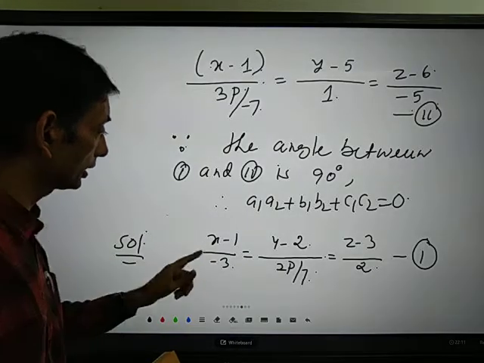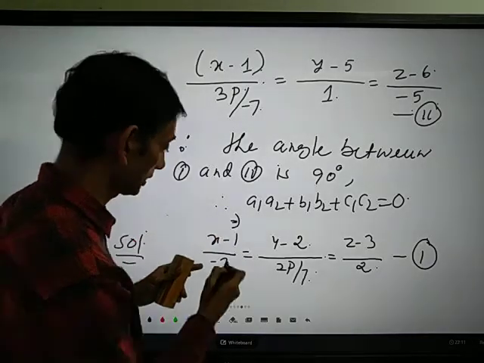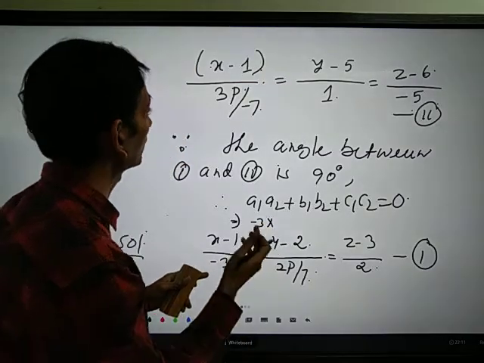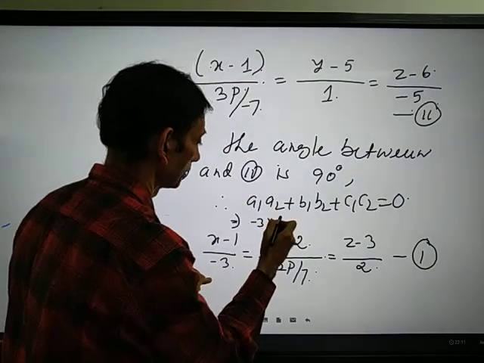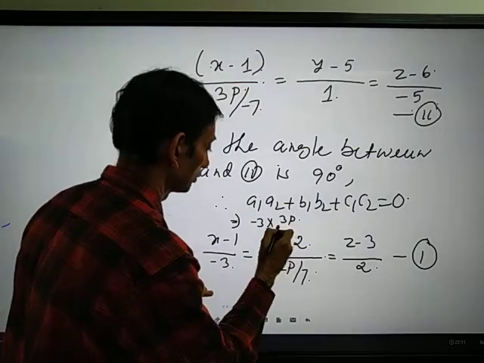So if we substitute, what is a1? a1 is minus 3 and a2 is 3p by minus 7.